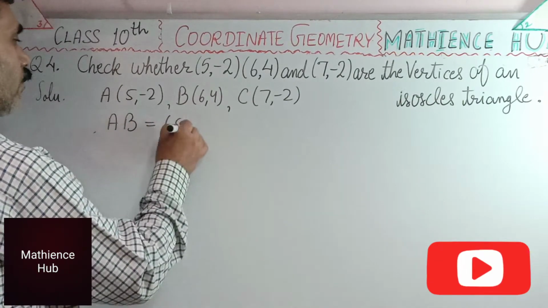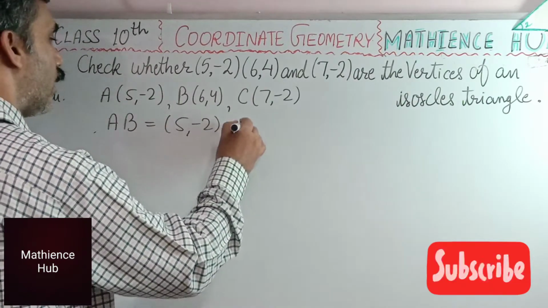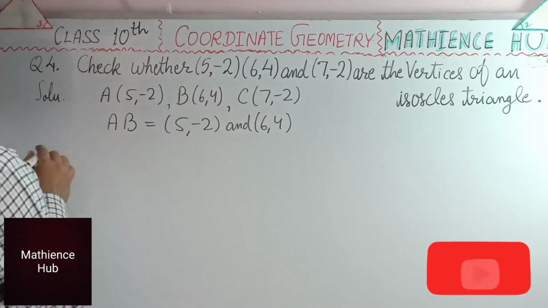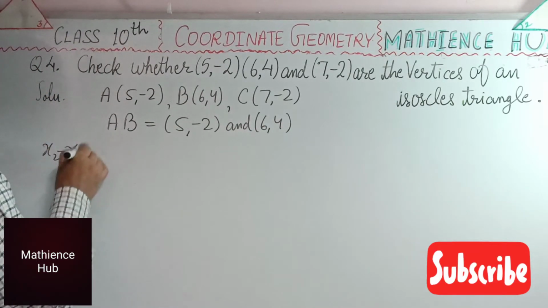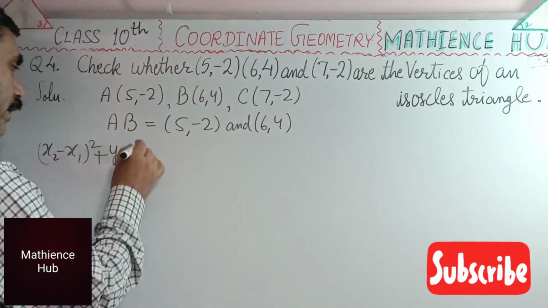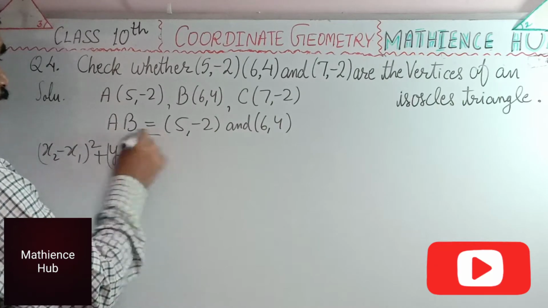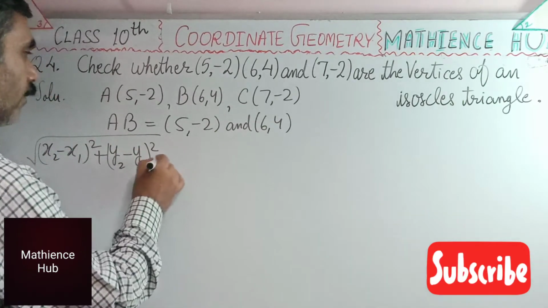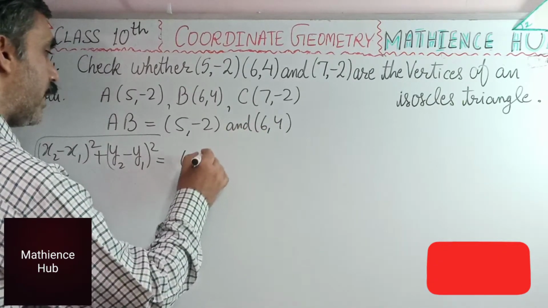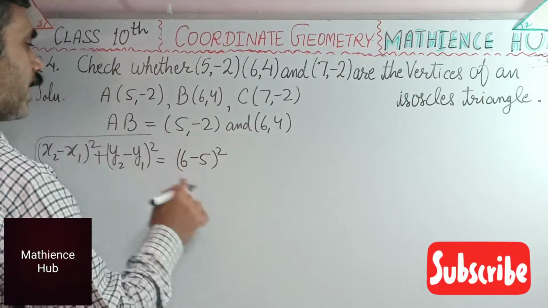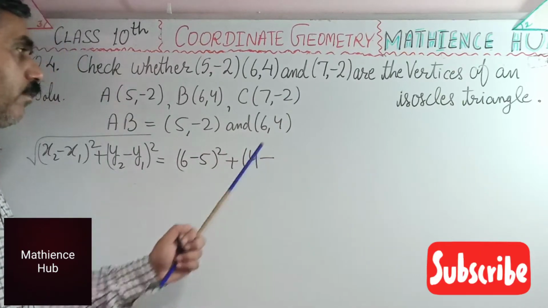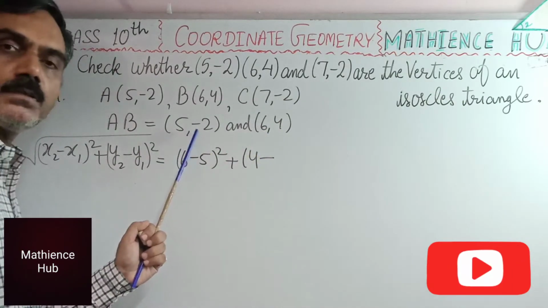AB is (5, -2) and (6, 4). Using the distance formula: the square root of (x2 minus x1) whole square plus (y2 minus y1) whole square, where the points are (x1, y1) and (x2, y2). So (6 minus 5) whole square plus (4 ...). You see very carefully, for y2 minus y1, y1 is minus 2.